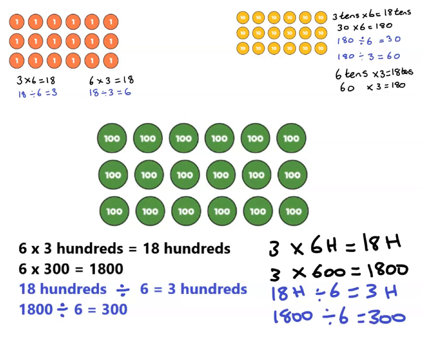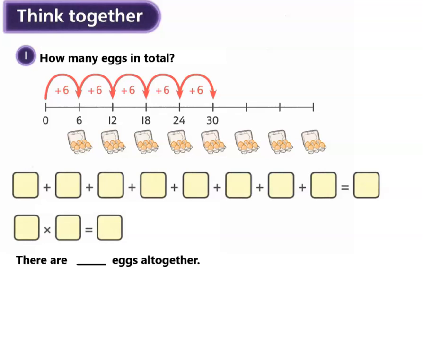Take a moment to think how we can use the multiplication and division facts using the ones array to help us work out multiplication and division facts with the tens array and the hundreds array. Pause the video now and give this a go.